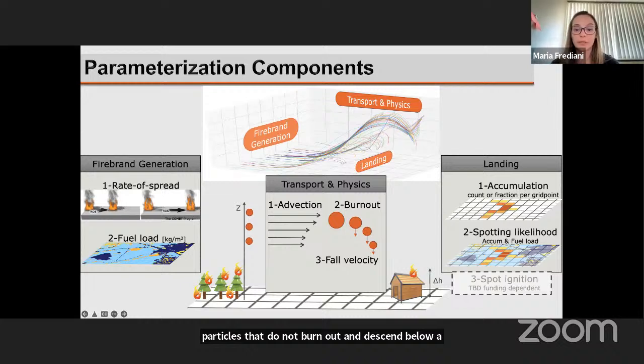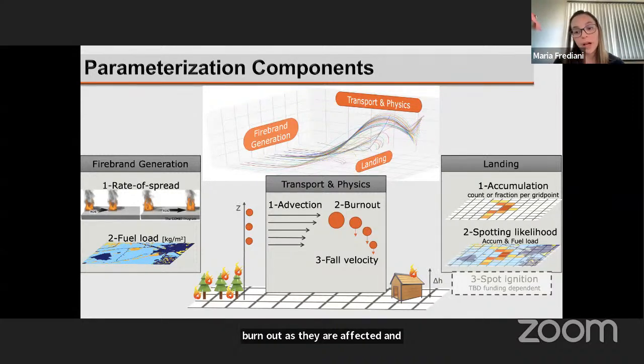In the generation process, firebrands are cyclically generated from sources along the fire front, where the fire rate of spread and fuel load are high. Once the source grid points are selected, these particles are distributed over multiple vertical levels, and then the firebrands are transported with the resolved atmospheric flow, and they burn out as they are advected and settle.